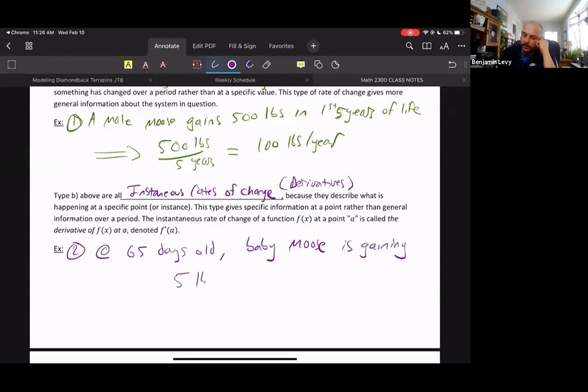So that's hyper-specific: on the 65th day, how many pounds are they going to gain? This is really, really specific. And so you wouldn't want to use this information on day 70, for example. This is just applicable to day 65. Now it tells you what might happen on day 70, like we might expect the moose to be 20 pounds bigger or so, but we're not getting exact results there, right? We get some very specific things on a day, not anything around that day.